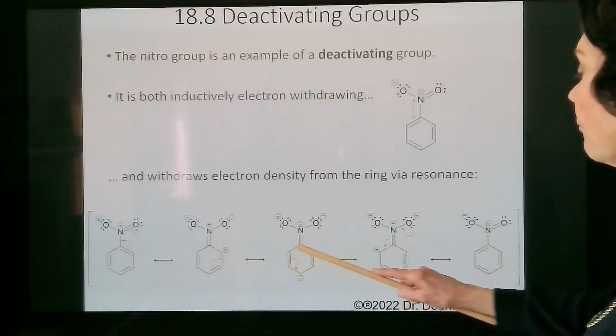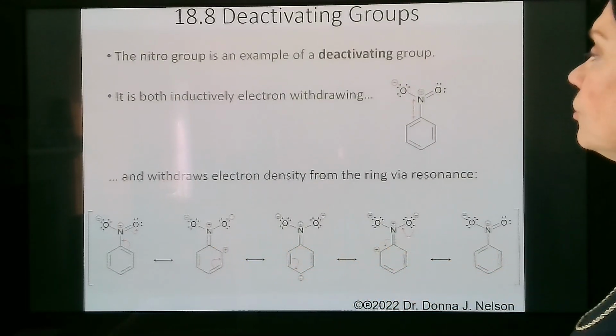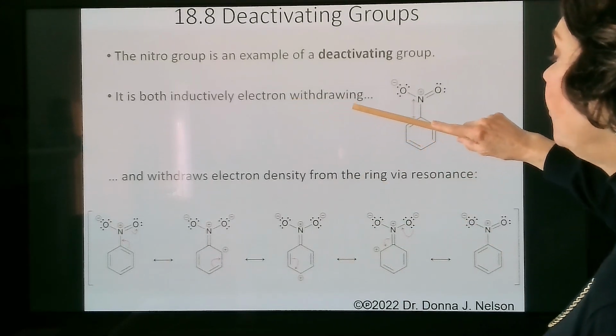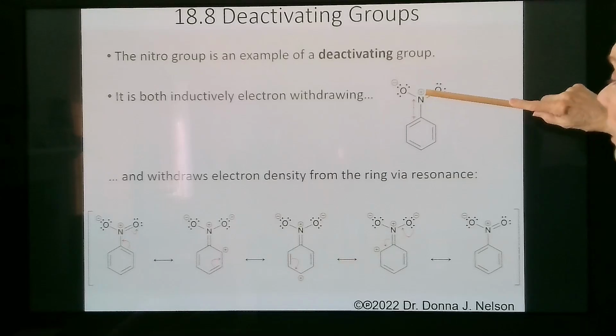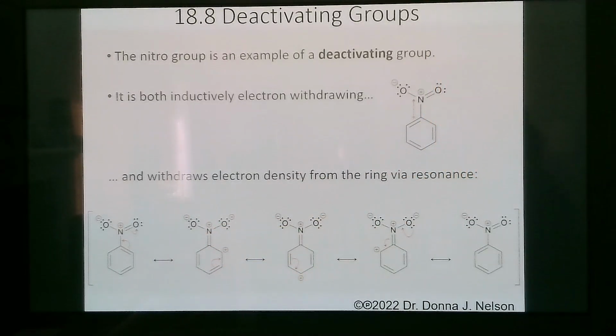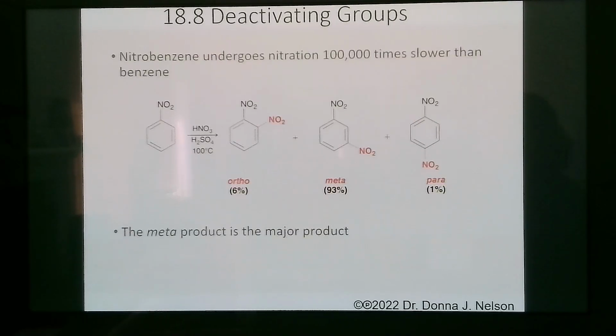And here are the different resonance structures. So this is electron withdrawing, so it's deactivating through the sigma system as well as through the pi system. So the nitro group is a strong deactivator.